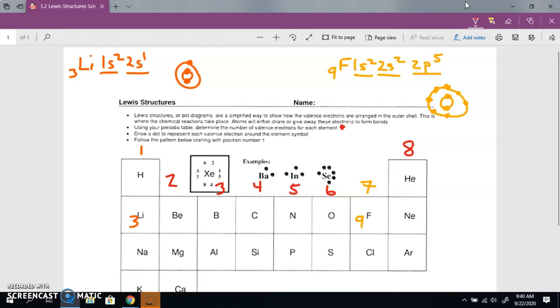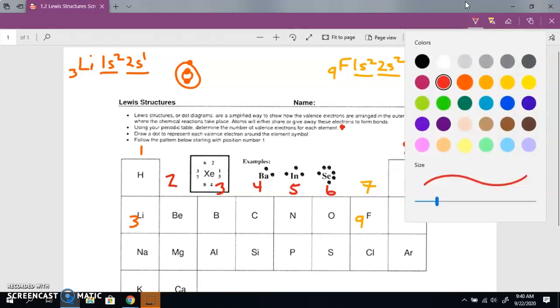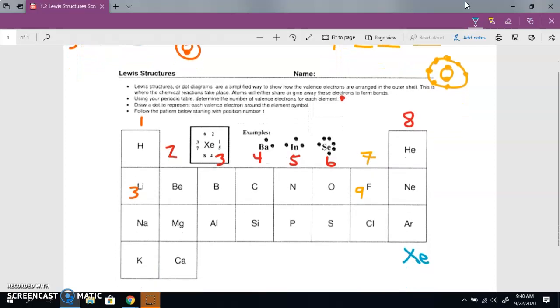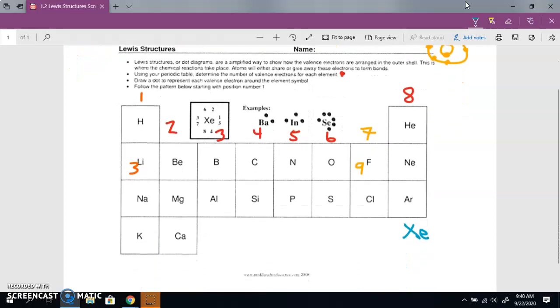So now let's build up to Lewis structures. When you're drawing a Lewis structure, you're only representing the valence electrons, and you always follow this pattern. For xenon, for example, xenon would be right down here. It's a main group 8 noble gas.